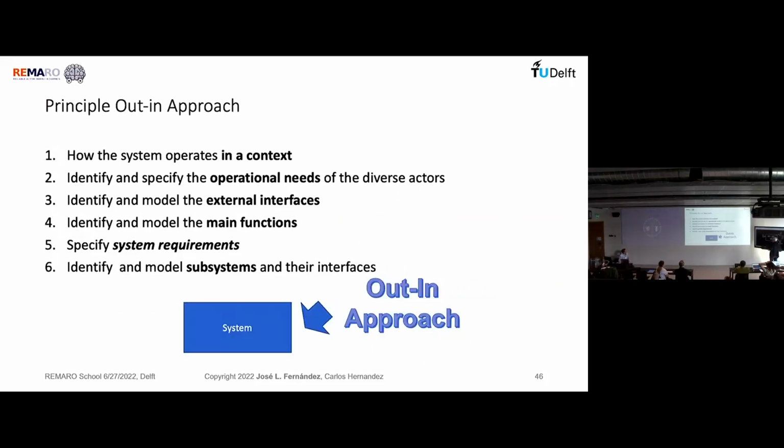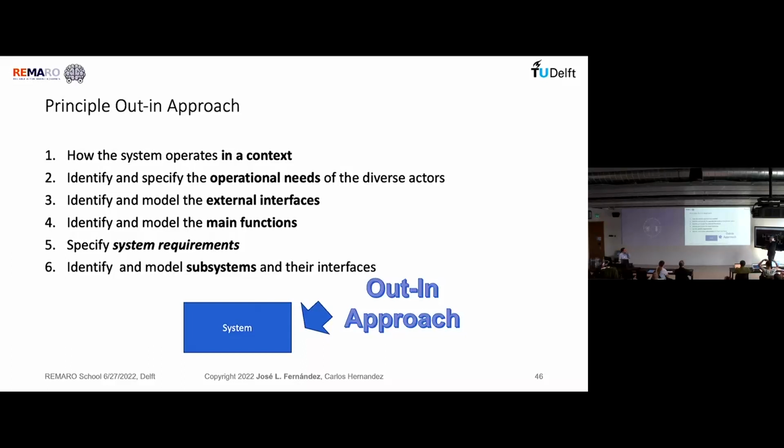So, very important, the out-in approach. How the system operates in a context. Identify the needs of the people using the system, people or other systems. After, identify external interfaces.